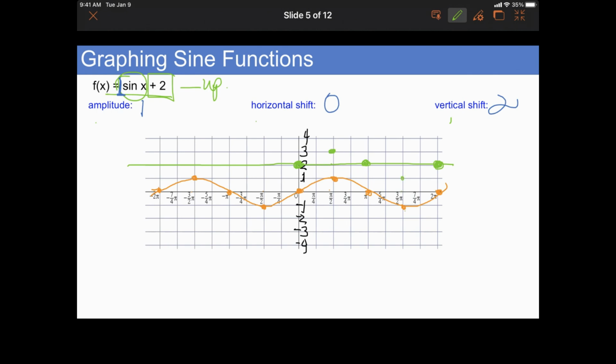So it's 2 up this way or 1 from your new x-axis. It's not a real x-axis, but it's kind of how we graph that. You just graph here, here, up 1, down 1. So you can see that it's running parallel to our original. That's f of x. Right? So that means I shifted all the points 2 up.